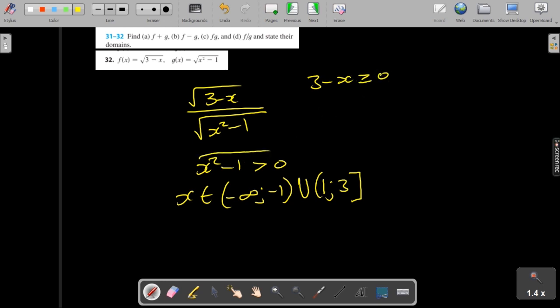Then the bottom part would look like this. Since that does not have an equal sign, that is why these portions have round brackets instead of square brackets now, because they're not included. But everything else stays the same. So the only difference between the domains of the first three and the last one is that the minus 1 and the 1 are now not included.